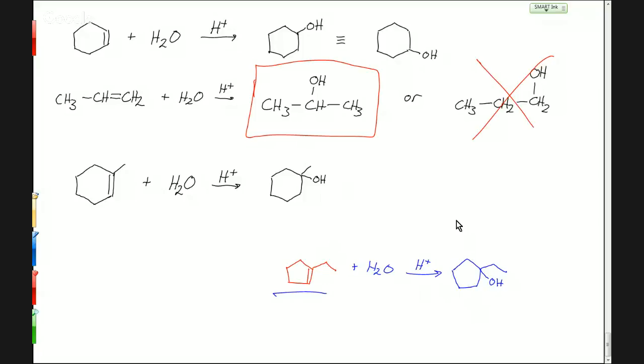What would be another way to do it? What's another possible starting material? Right, so you could have the double bond coming off on the chain like that. Same idea.